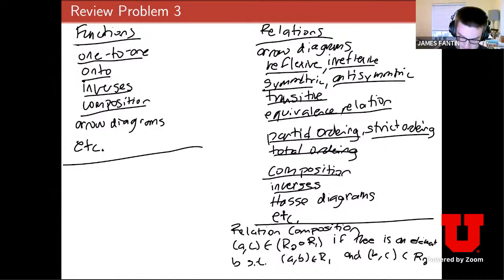So remember that when you're looking at the composition, it works a little bit backwards, because it's R2 composed R1. You look at R1 first: is there an element B where A is related to B in R1? And then is there an element B related to C in R2? If so, then (A, C) is in your composition.